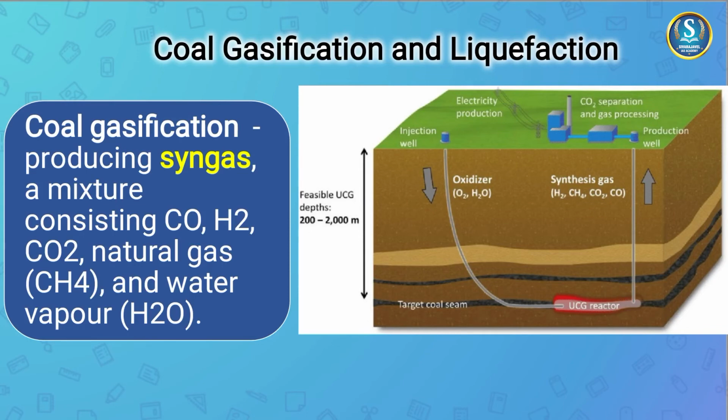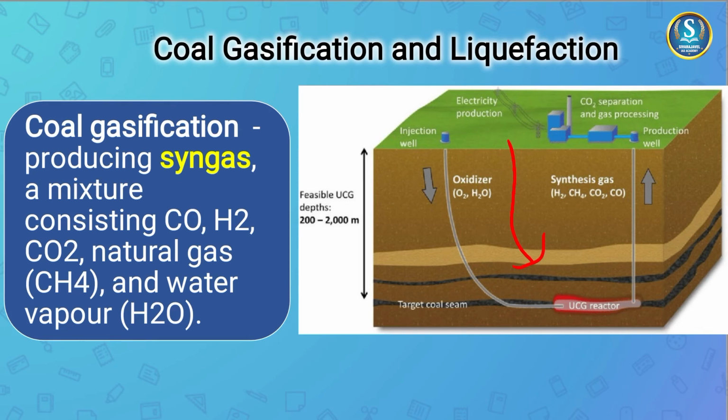So now what is coal gasification? Simply gasify the coal. We know coal is present under the soil. We dig the soil and take out the coal and burn it. But instead of doing that, let the coal just be there. Directly convert it into gas or directly convert it into liquid and take it out and use it. That's it. Here you can see that you use some sort of oxidizer.